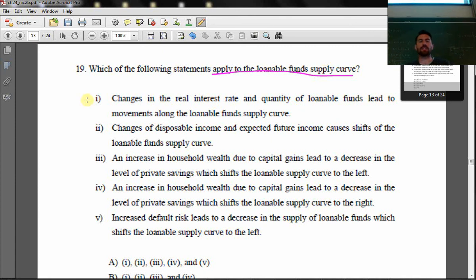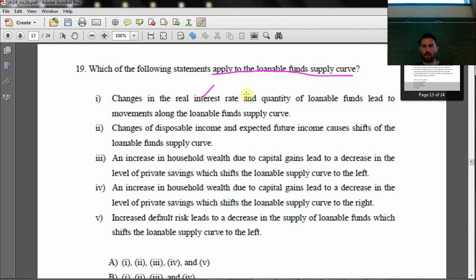Okay, so let's talk through them. Option number one. It's worded a little bit strangely, but number one, changes in the real interest rate lead to movements along the loanable funds supply curve. Happy with that?